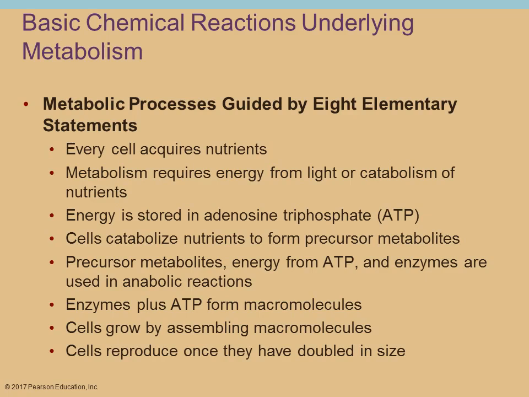And cells are going to break down nutrients not just to one compound, but you have various stages of intermediates or precursors. It's going to use those precursors and energy from ATP to help run anabolic reactions. Catabolic and anabolic reactions are going to be tied together. Enzymes are going to be necessary for these reactions to occur.